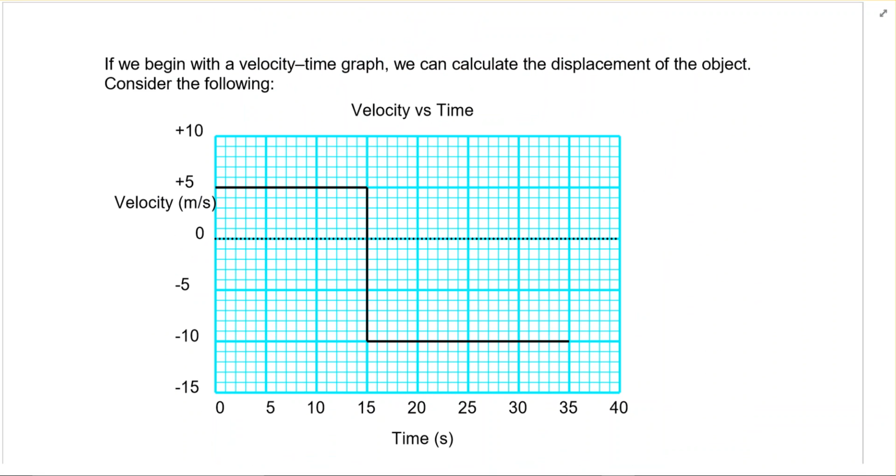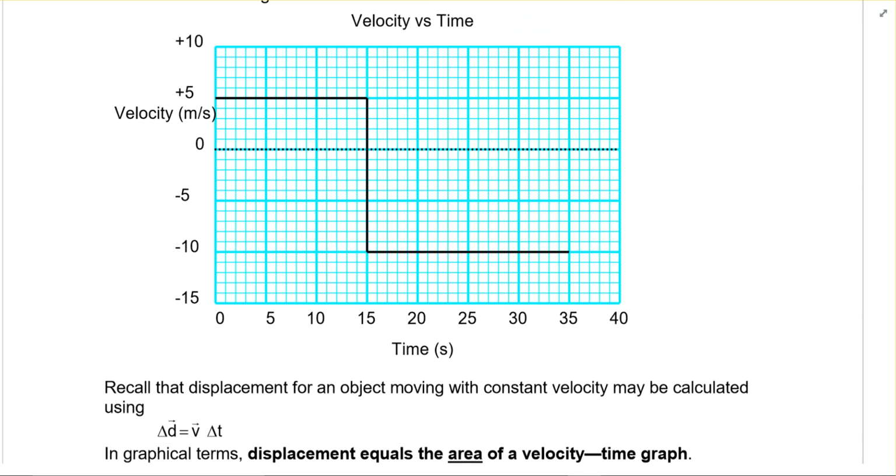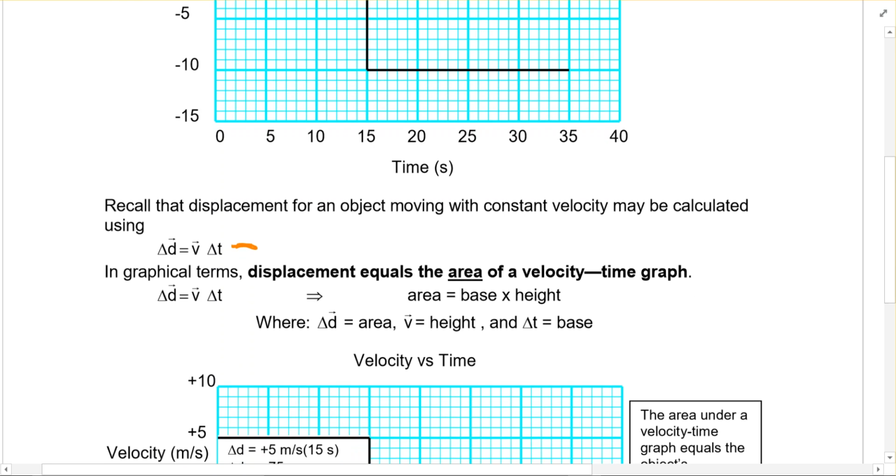Now, if we begin with a velocity time graph looking something like this, we can figure out the displacement. You can remember that we're able to use this equation, d equals v times t, to figure out displacement. So we can do that with this graph too.